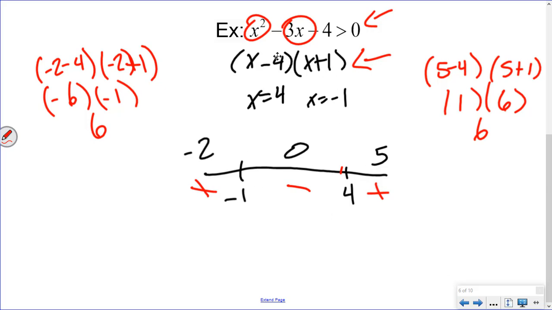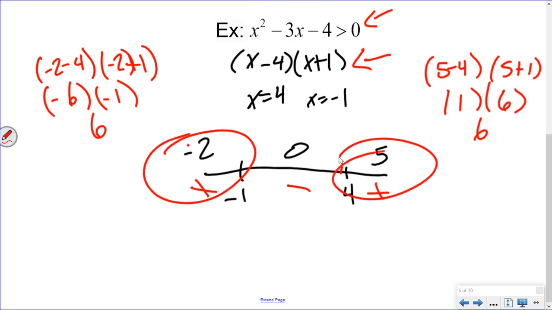So now that I know that my answers that are less than -1 are positive, my answers that are between -1 and 4 are negative, and my answers that are greater than 4 are positive, where do I have answers that satisfy this inequality? Or in other words, where do I have answers that are greater than 0? And I have them here and here.